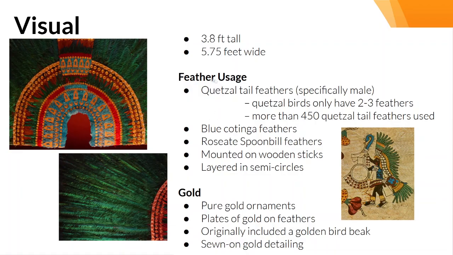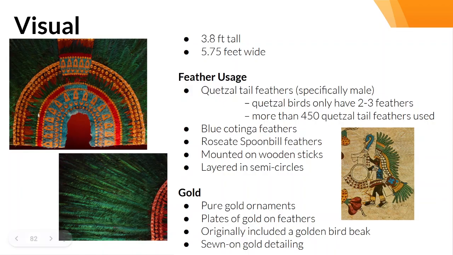So having this bright green not only shows this rich, wealthy status, but also that connection to the gods. We see the blue feathers are the Cotinga bird. We have rosette spoonbill feathers, and all of this is layered in semicircles. So beautiful radial balance: the center point radiates out.